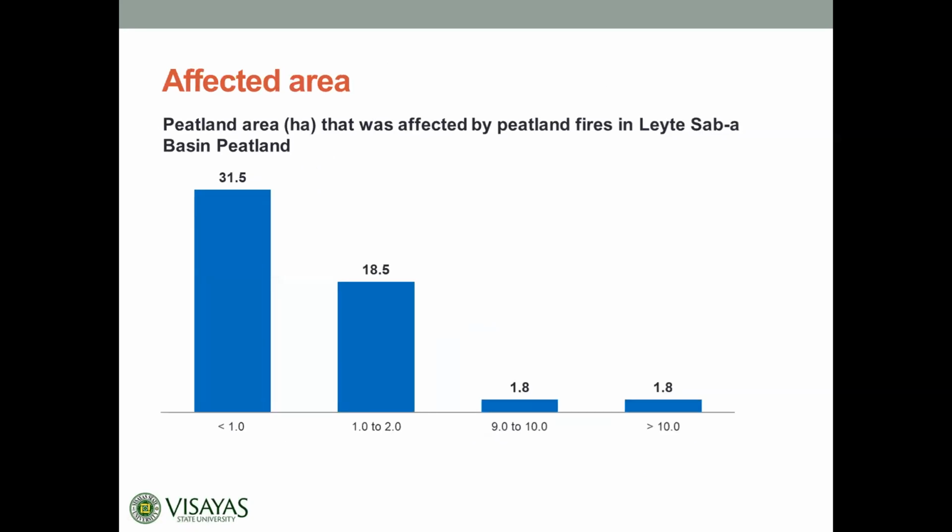And in terms of the area in the peatland that is affected by the peatland fires, 31.5% of the 54 respondents say that the peatland fires is less than 1 hectare. However, to that extreme, 1.8% of the 54 respondents have noticed that the coverage of the peatland fires is even more than 10 hectares.